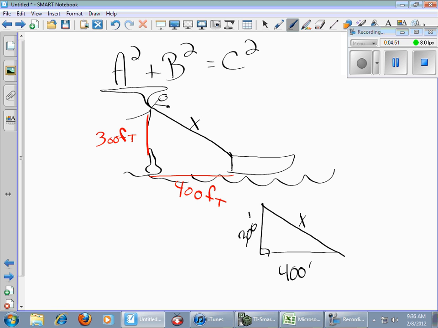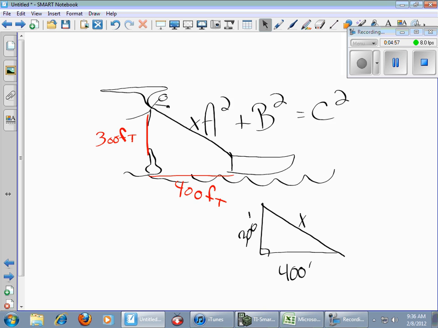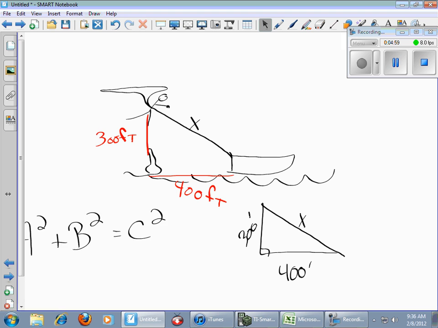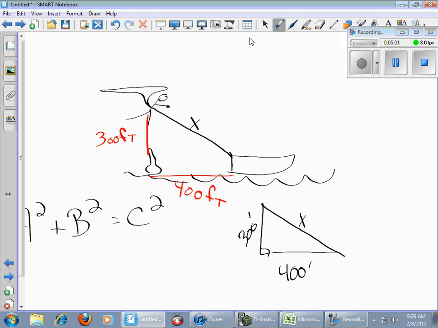Right triangle, missing one of the sides, looks like a job for the Pythagorean theorem. First mission, identify C. There it is. C is x. How come? Because it's the side across from the right angle, not because it's the side we're looking for.